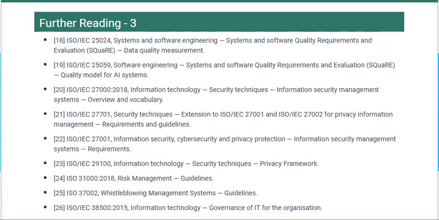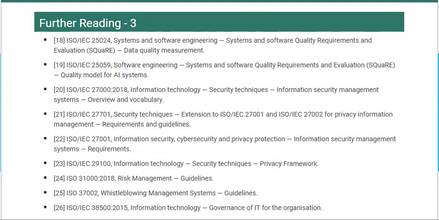Further reading 3. 18. ISO/IEC 25024, Systems and Software Engineering, Systems and Software Quality Requirements and Evaluation, SQuaRE, Data Quality Measurement. 19. ISO/IEC 25059, Software Engineering, Systems and Software Quality Requirements and Evaluation, SQuaRE, Quality Model for AI Systems. 20.